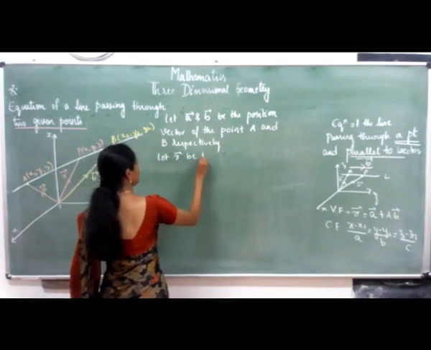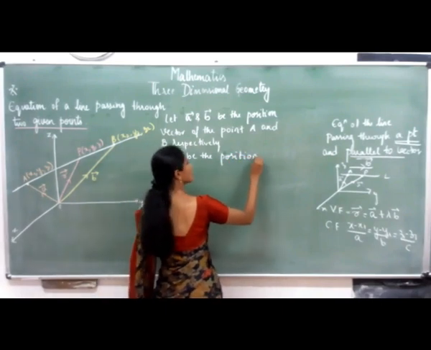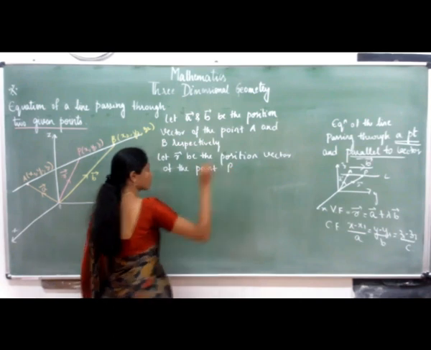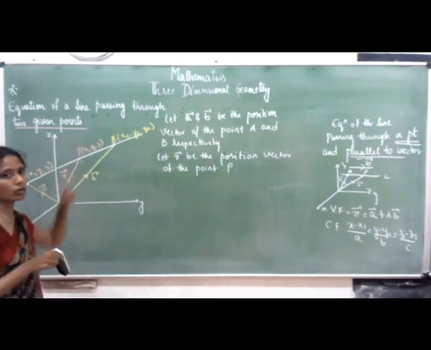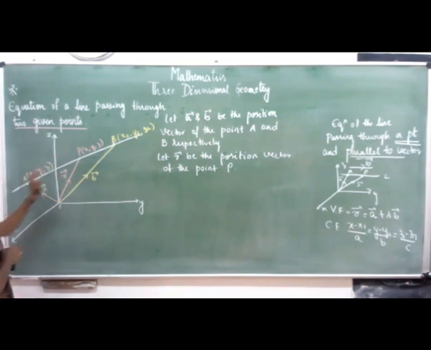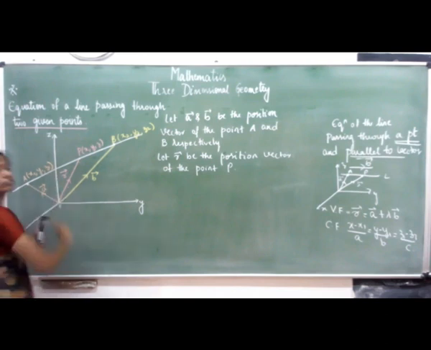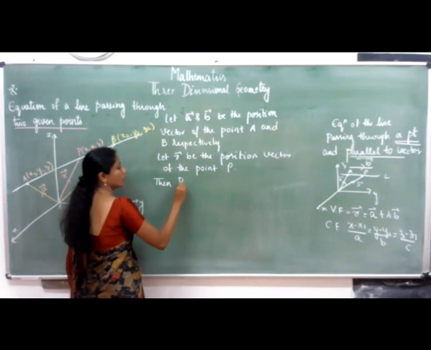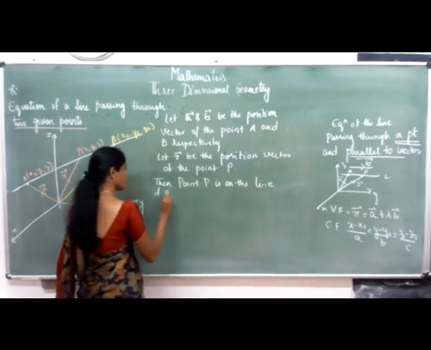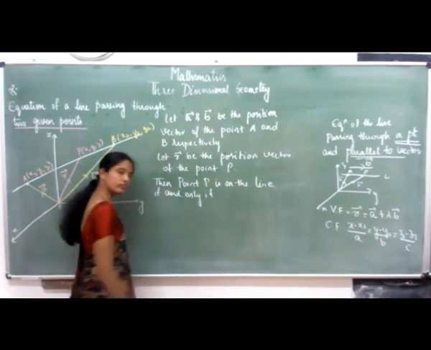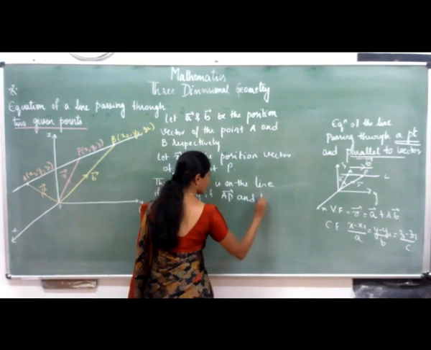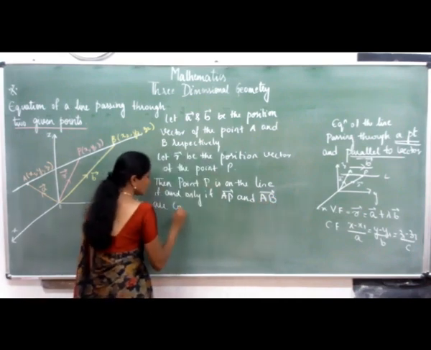Let R be the position vector of the point P. We have considered the point P on this line under one condition: point P is on the line if and only if vector AP and vector AB are collinear.